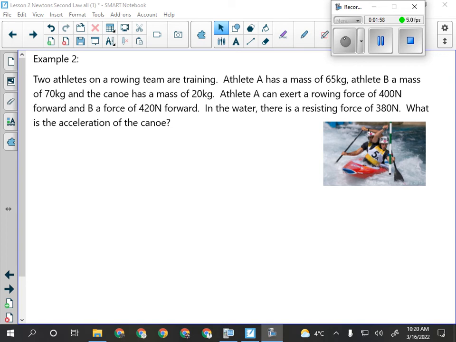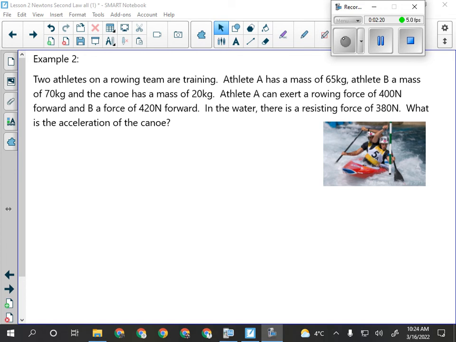Athlete A can exert a rowing force of 400 newtons forward, B 420 newtons forward. In the water there's a resisting force of 380 newtons. We're looking for the acceleration of the canoe. So this is a bit more like what we did yesterday. You still have to do a sum of all forces calculation here. All right, I'll give you a minute on that one.